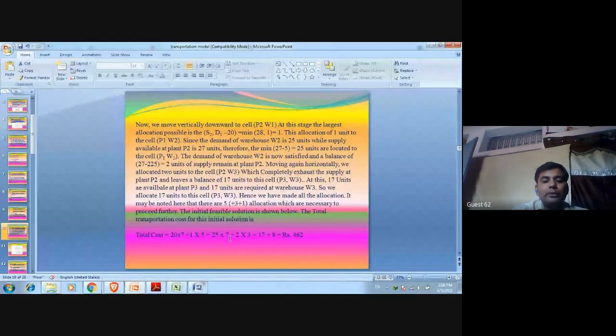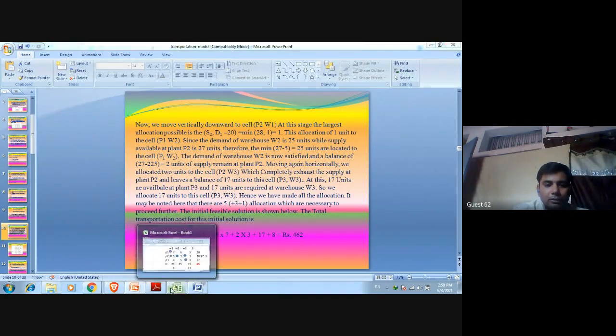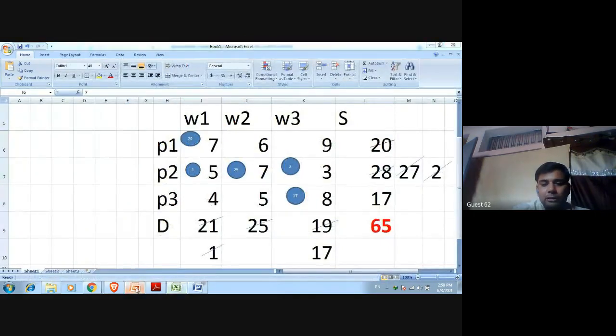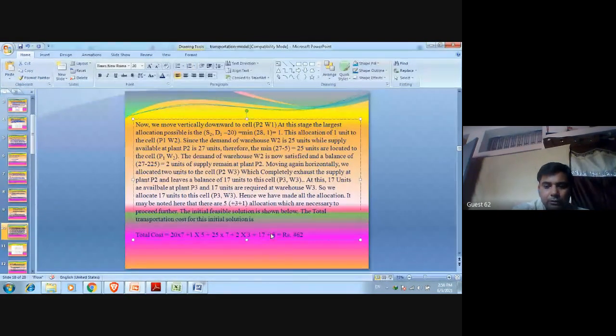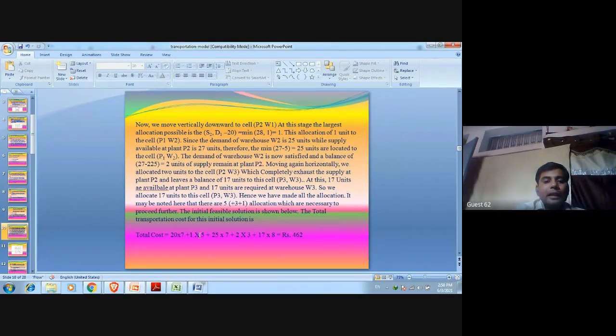Similarly, plus 25 into 7 plus 2 into 3 plus 17 into 8. This is 17 into 8. So after calculation, the total cost will be 462 rupees. So this is our initial feasible solution by the NWCM method.